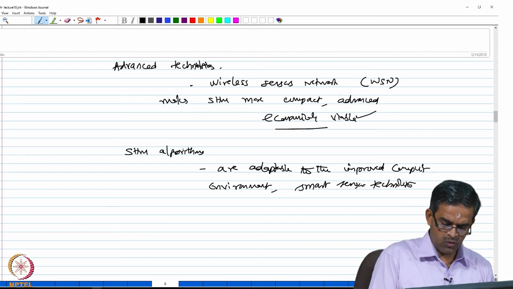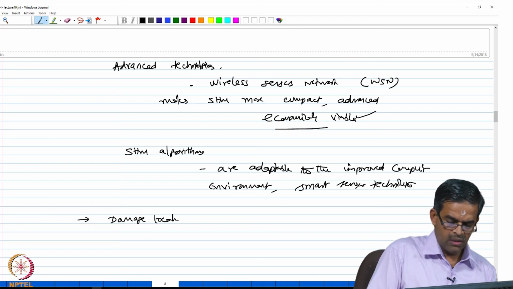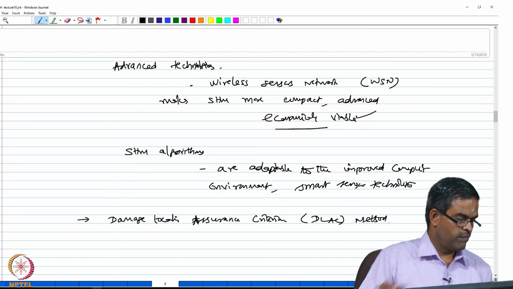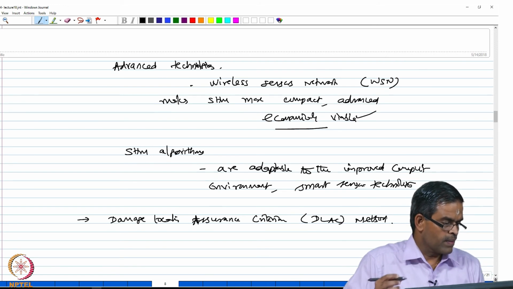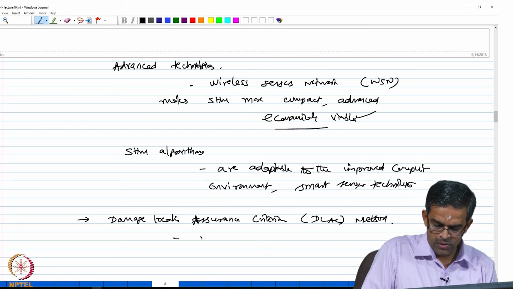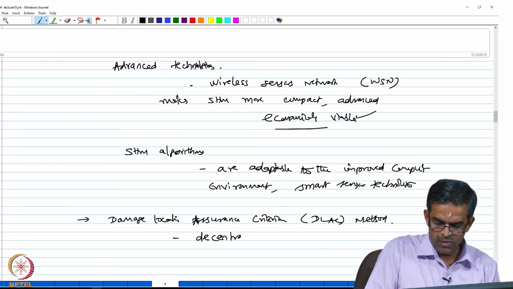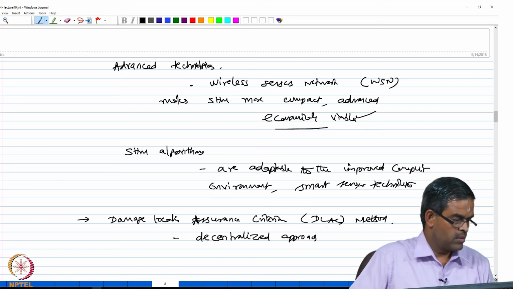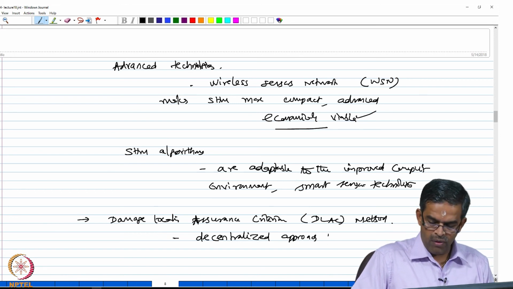One such advantage could be the damage location assurance criteria, which we call the DLAC method, which ensures a decentralized approach for wireless sensor networking.